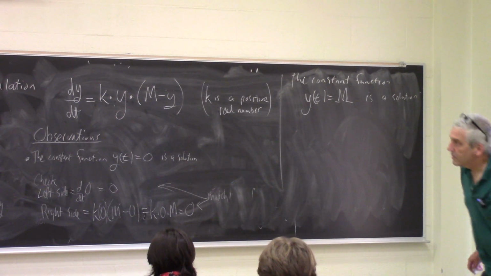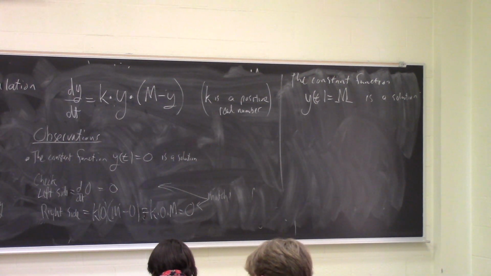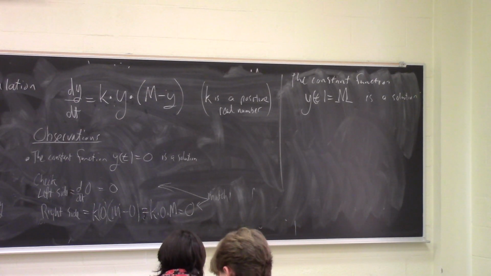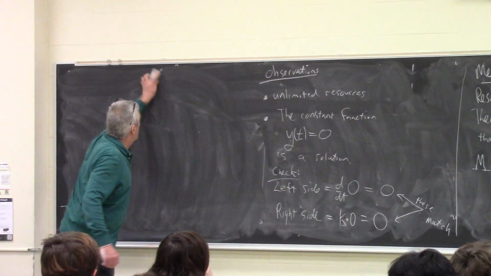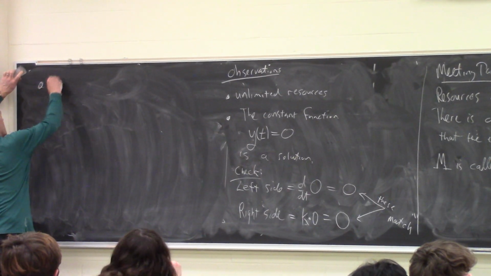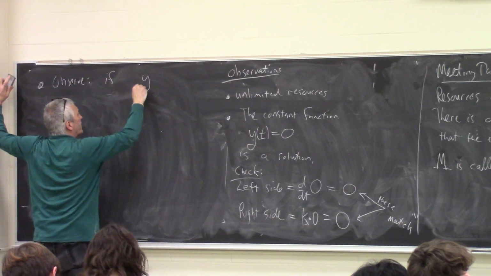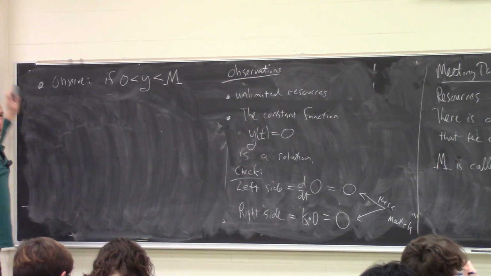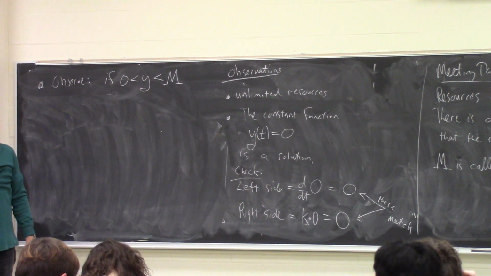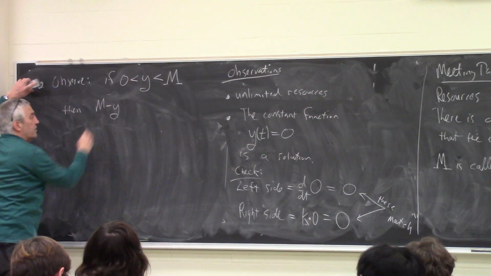All right. Some more observations. If the population is greater than 0 but is less than the carrying capacity, so y is some positive number, but it's not as big as m, then m minus y will be a positive number.